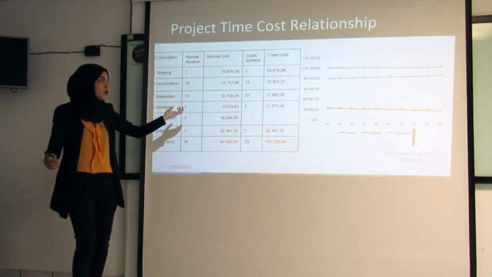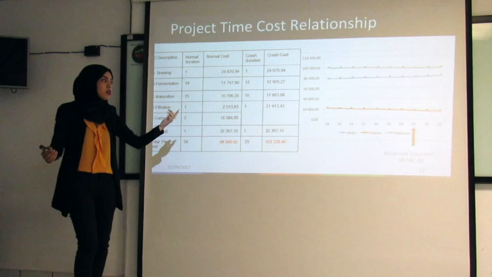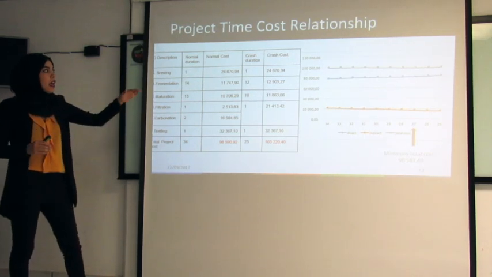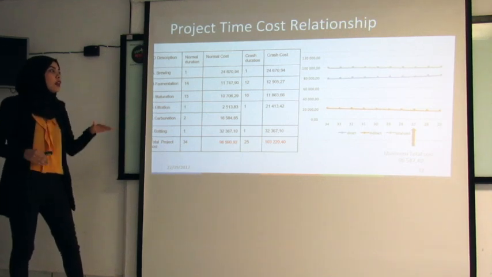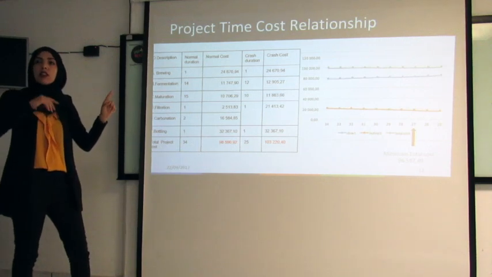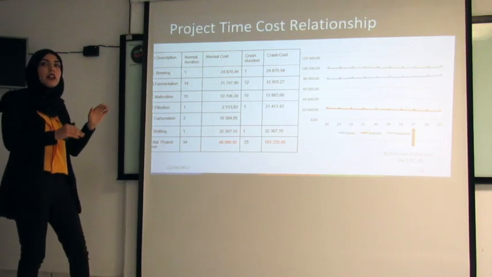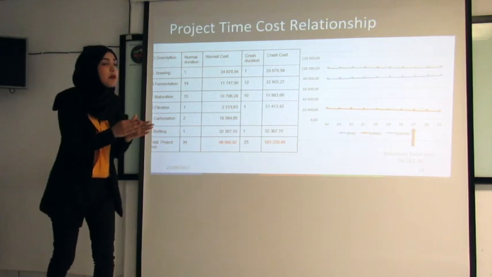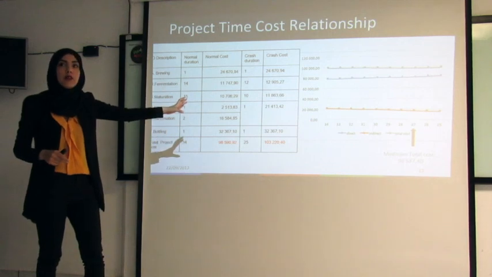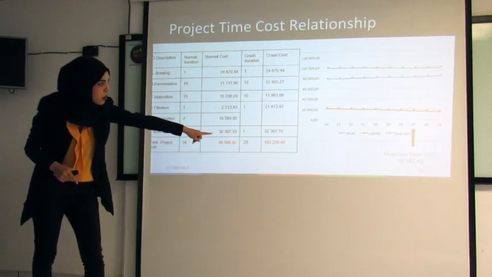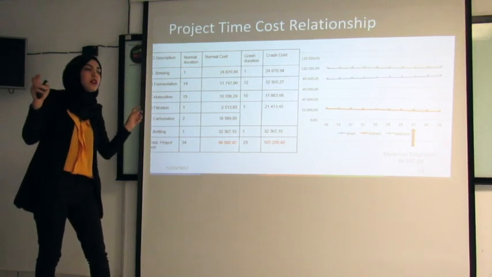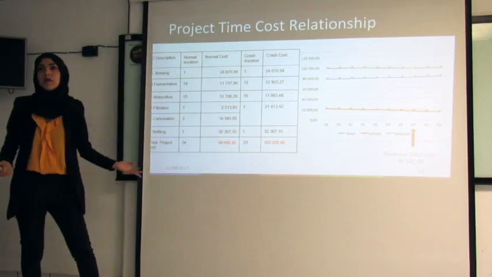As we told you, total cost is the indirect cost plus the direct cost. As you can see here, if we increase time, indirect cost decreases. But if we decrease time, direct cost increases. And according to that graph, we have the minimum total cost, which we can consider optimal, at about that amount.